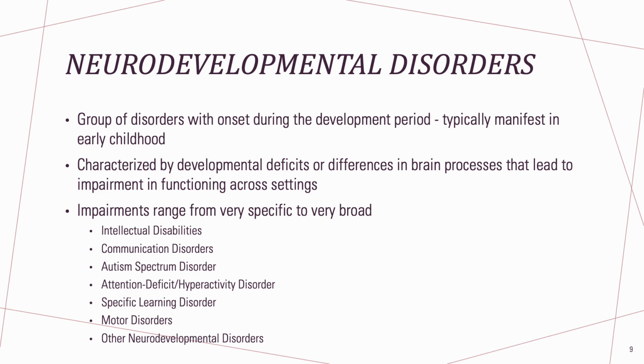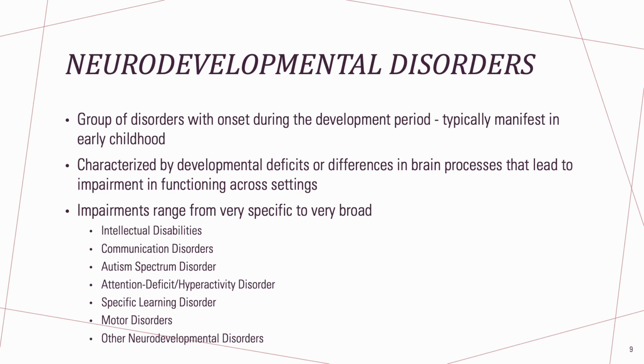Okay, so let's talk about what neurodevelopmental disorders broadly tap into. These are a group of disorders with onset during the developmental period, and these are things that typically manifest in early childhood. This is the particular developmental phase where we tend to see symptoms onset.